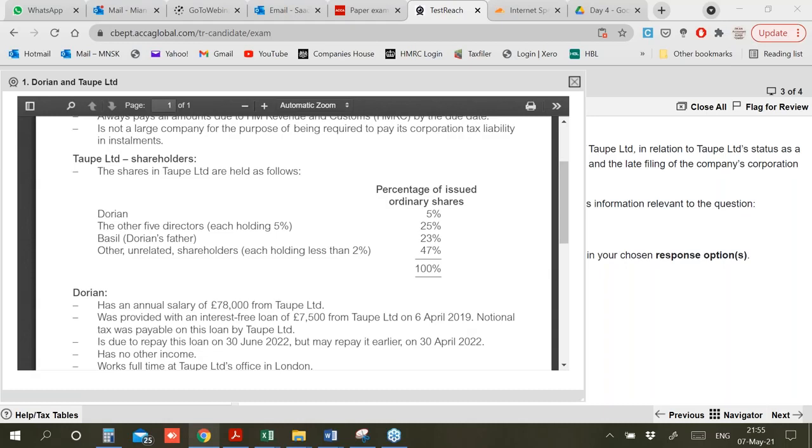So here the directors themselves are not controlling the company, but if we add D and D's father's shareholding, they become the largest shareholders and hence are controlling the company. Now, raise your hands, guys, if you have understood why it will be regarded as a closed company.